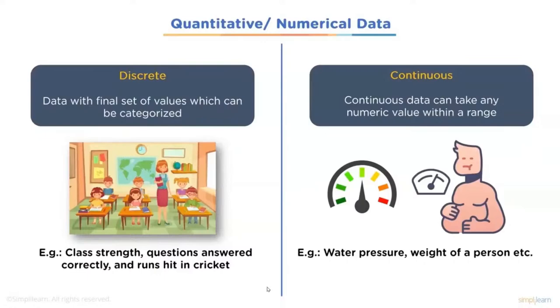Continuous, on the other hand, continuous data can take any numerical value within a range. So water pressure, weight of a person, etc. Usually we start thinking about float values where they can get phenomenally small in what they're worth. And there's a whole series of values that falls right between discrete and continuous. You can think of the stock market. You have dollar amounts.